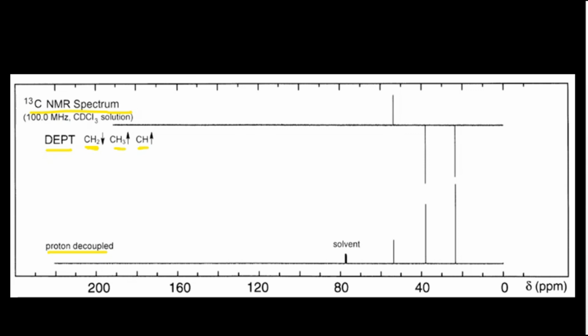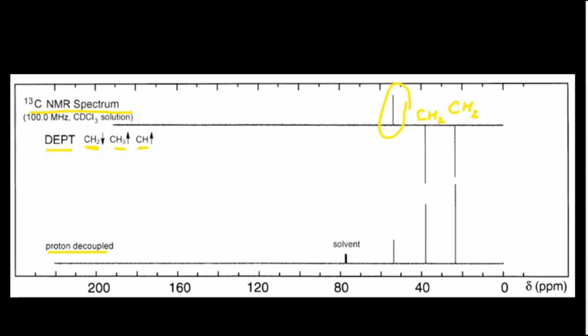So here, if you see in the DEPT, there are three signals, 1, 2, and 3. The first signal is in the downward direction, which indicates that a CH2 group is present. The second signal is also in the downward direction, which also indicates that a CH2 group is present.